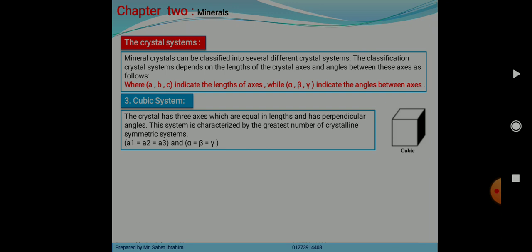The system is characterized by the greatest number of crystalline symmetrical systems.